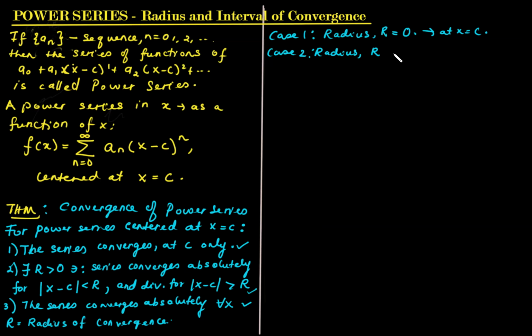And this happens around c, with the radius of convergence extending either to the left or to the right. For the first one, it's just one point. And for case 3, where it's for all x values, centered at c, the radius R is going to be infinity.